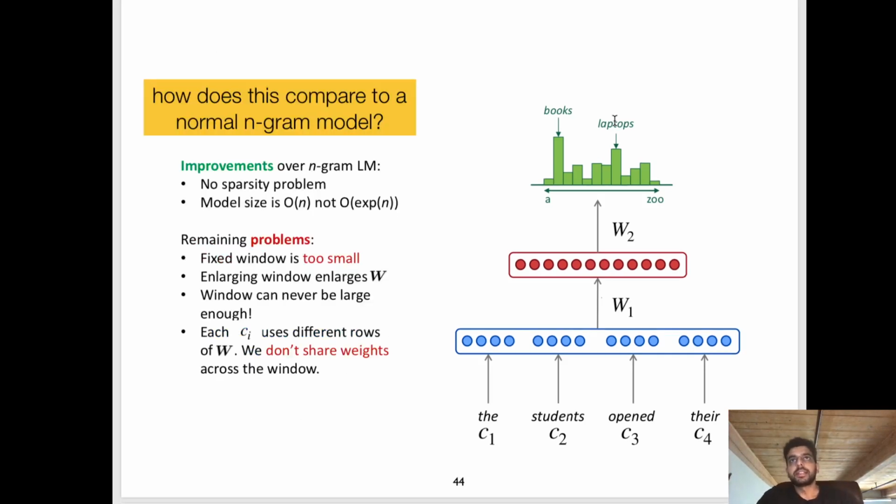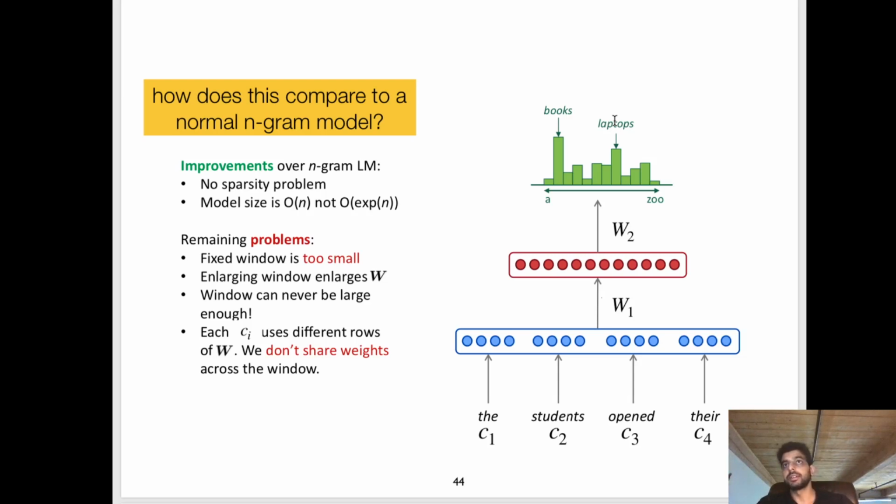Okay, so let's step back and do some comparisons between this model and our n-gram model from the previous lecture. So first of all, we no longer have the sparsity problem, right? We're not explicitly encoding this count table anymore, and we're not enumerating all possible prefixes that could be formed in the vocabulary.